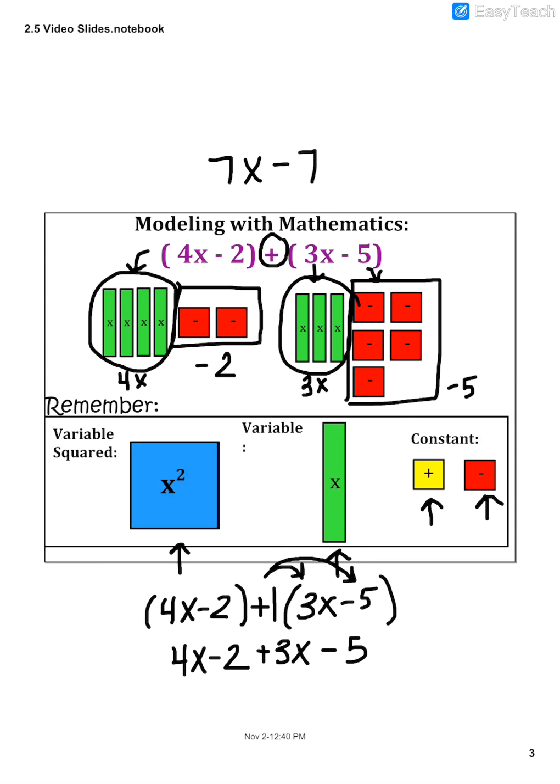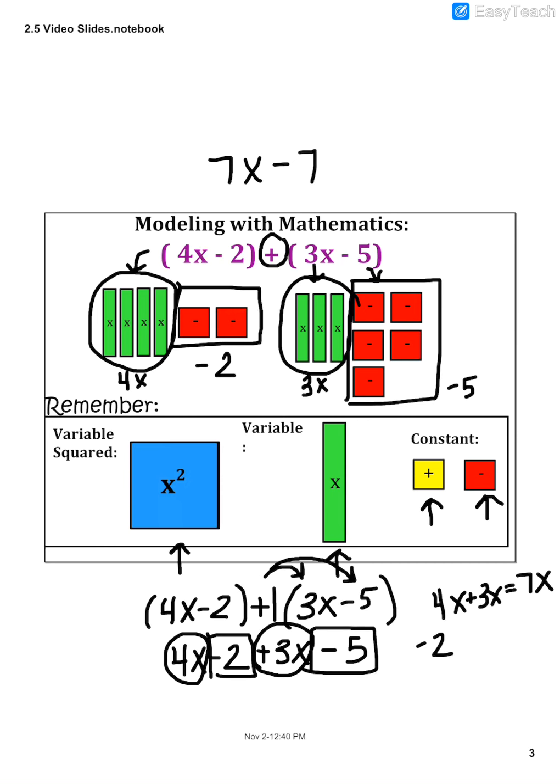So now I removed the parentheses and I'm going to combine like terms. I know 4x combines with the positive 3x. Now remember, I'm always keeping the sign in front of the number. So 4x plus 3x is equal to 7x. I'm going to use a different shape to represent a different set of like terms, negative 2 and negative 5.